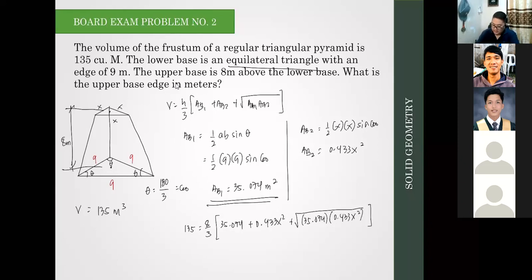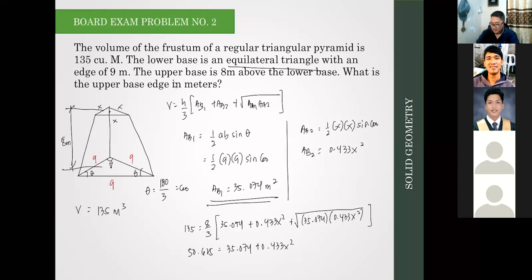Okay? So, yung answer natin, i-cross multiply natin yung 8 over 3 or yung 3 over 8 kung sa 135. We have 50.625 equals to 35.074 plus 0.433 x squared.